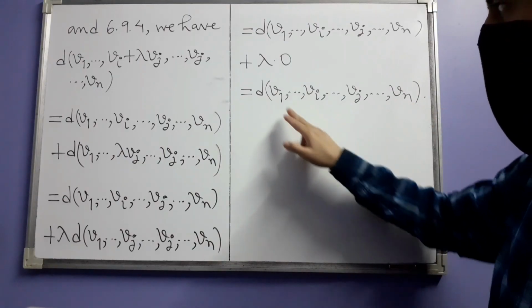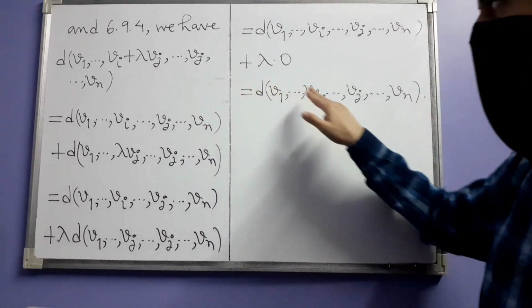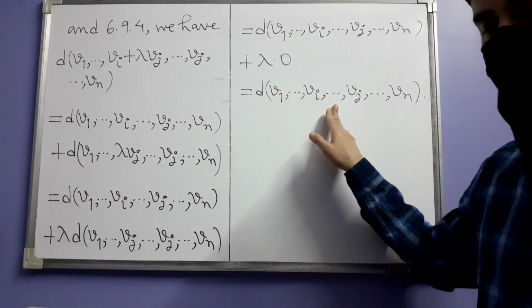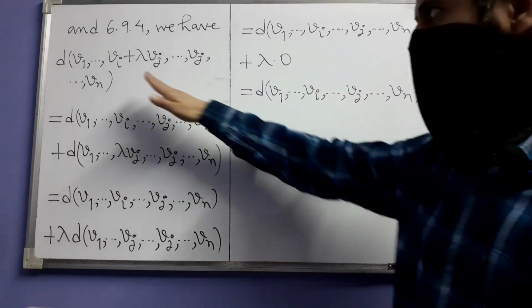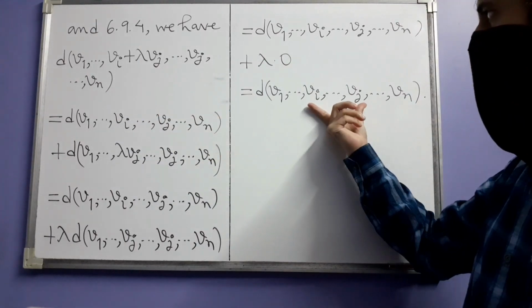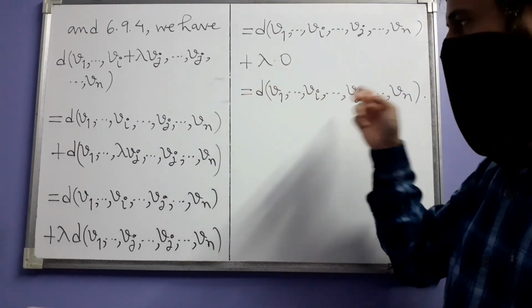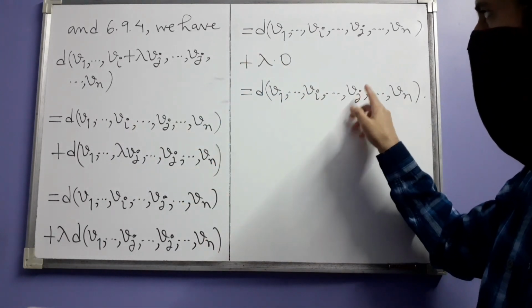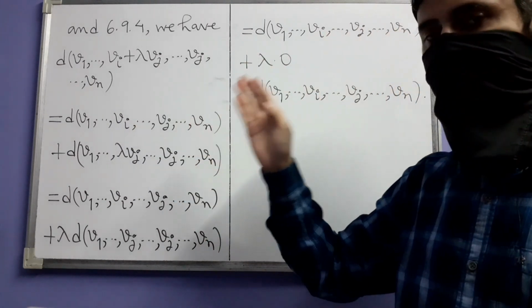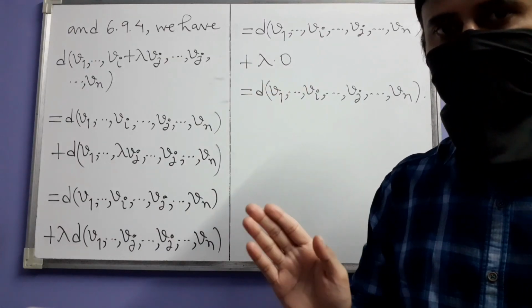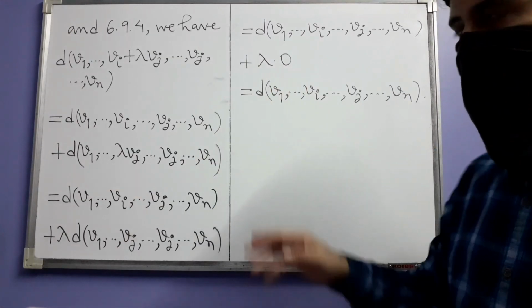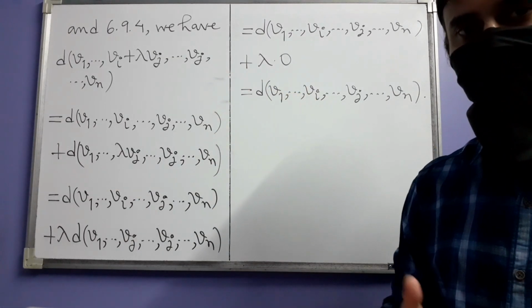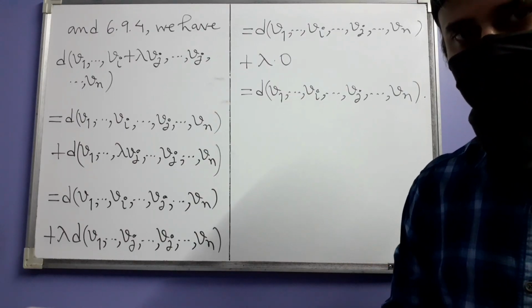That means this determinant is equal to this determinant, or the same thing, this is equal to this. So what did we do to this determinant to get to this? We added the multiple lambda times vj of the jth row to the ith row, but that did not make any difference. The value of the determinant remains the same.